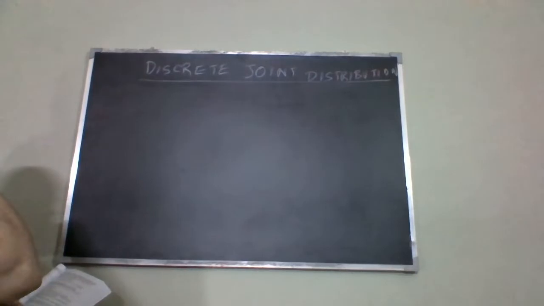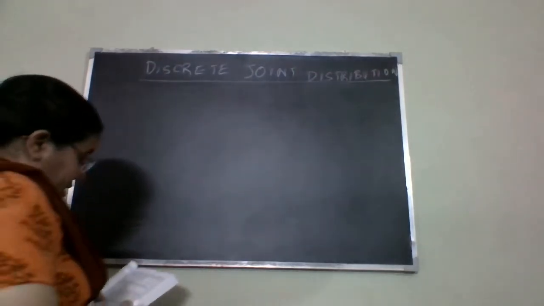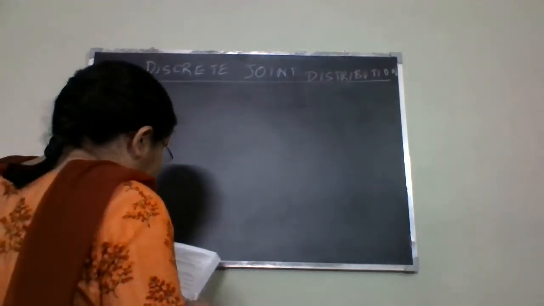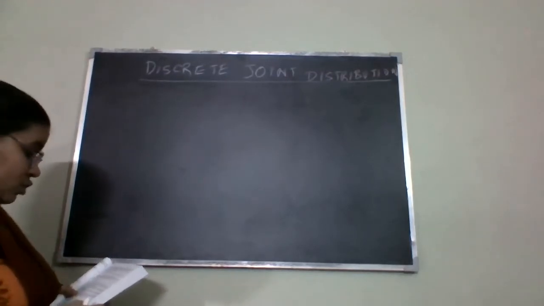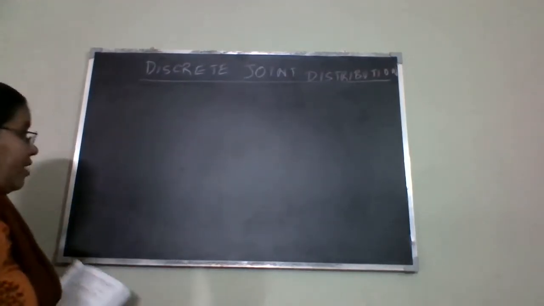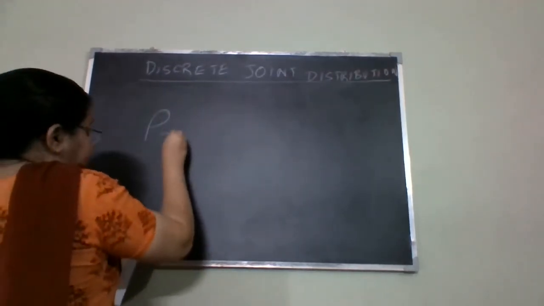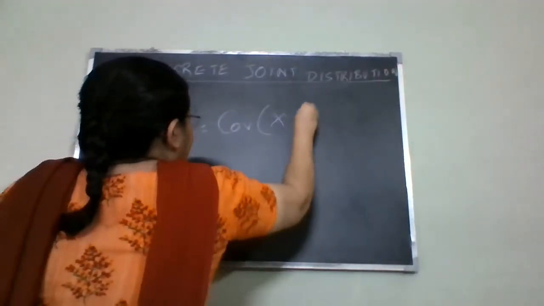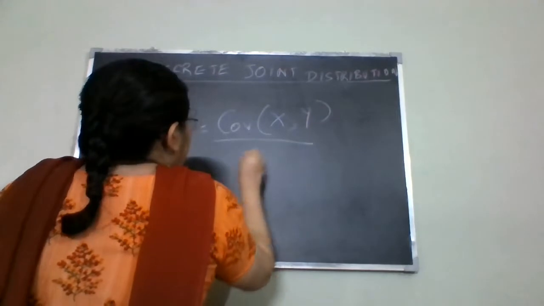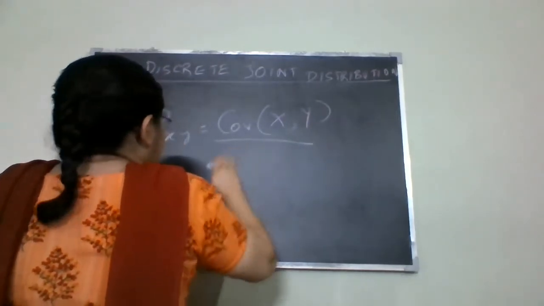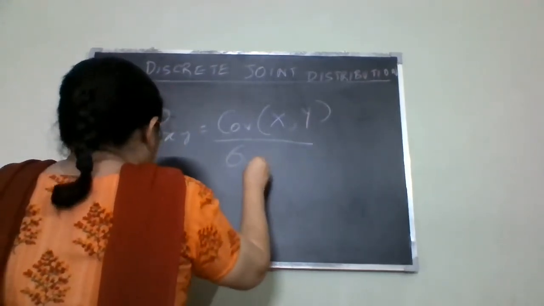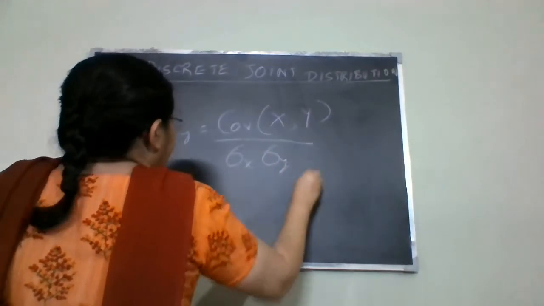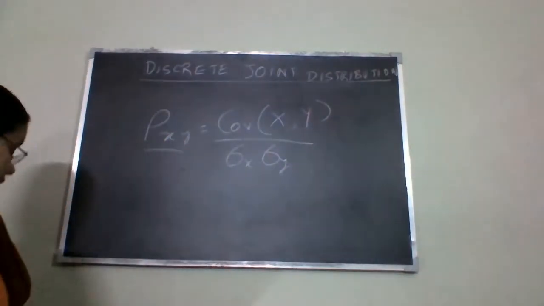We are not going to study the example, it is not required, otherwise we are unnecessarily delaying. The correlation coefficient between two random variables X and Y is defined as rho XY, that is equal to cov X comma Y divided by sigma X and sigma Y, the standard deviations. This is the correlation coefficient.